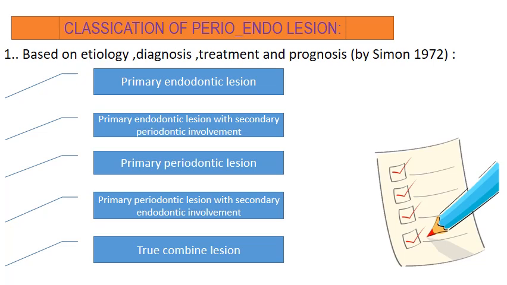Classification of perio-endo lesions. Number 1, based on etiology, diagnosis, treatment and prognosis by Simon, 1972. It includes primary endodontic lesion, primary endodontic lesion with secondary periodontic involvement, primary periodontic lesion, primary periodontic lesion with secondary endodontic involvement, and true combined lesion.